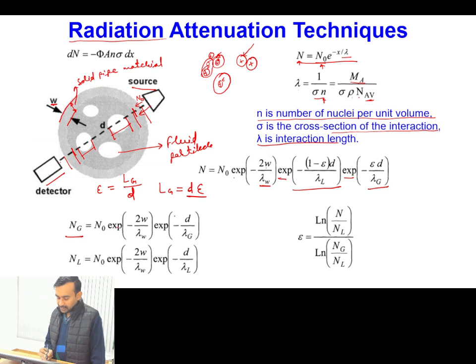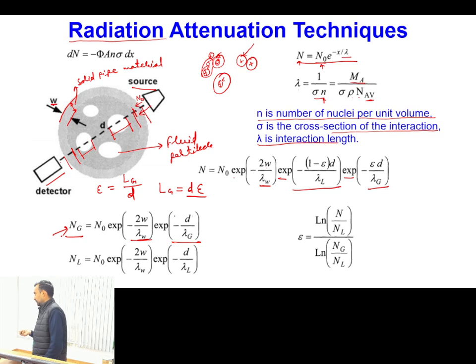Corresponding to that, what will be the attenuation? Minus 2w by lambda w, because the pipe material remains the same, but through the entire diameter we are allowing only gas to flow. So minus d by lambda g.